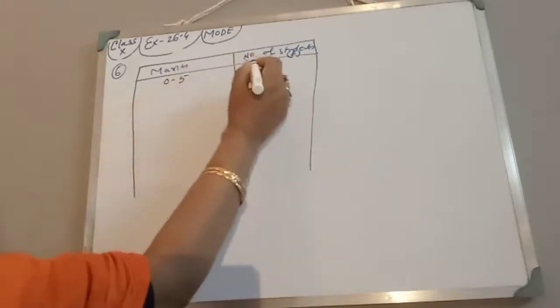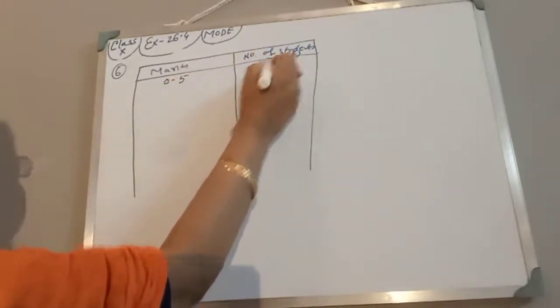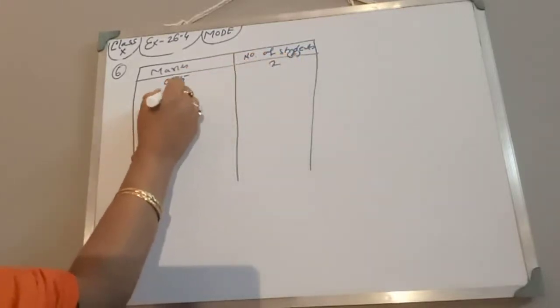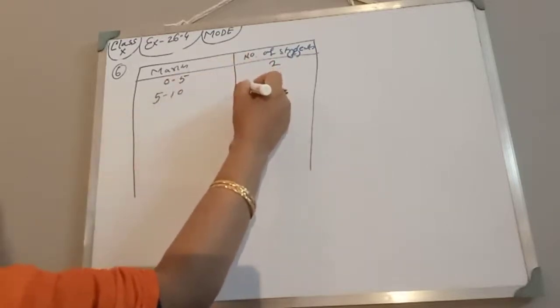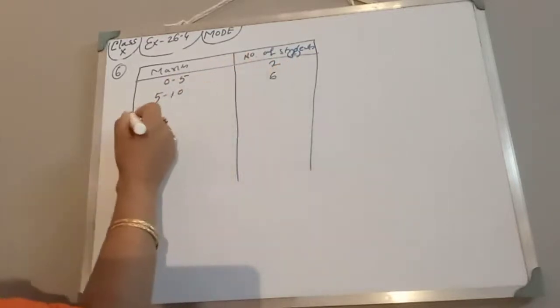Now 0 to 5, 2 students. 5 to 10 marks, 6 students.